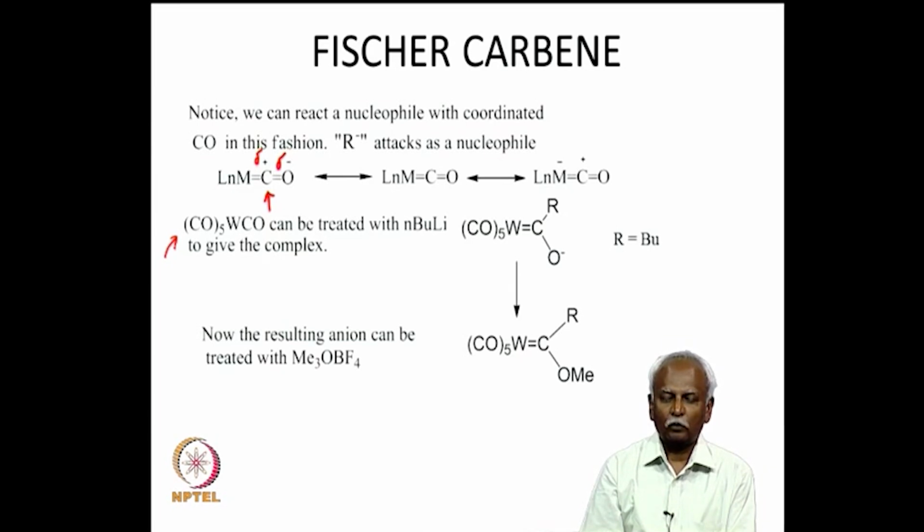In this molecule, it happens to be the carbon, and so one would form an intermediate where the R group, which is the butyl group, is attached to the carbon which is originally from carbon monoxide.